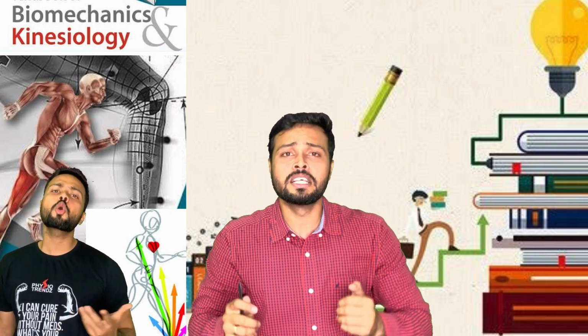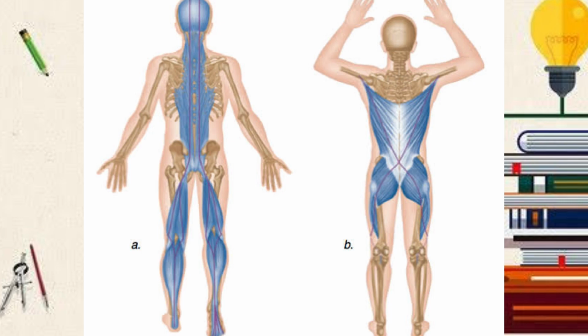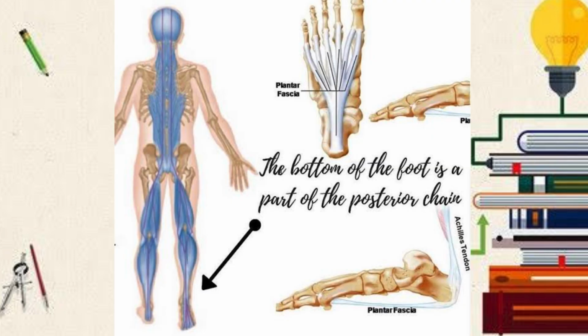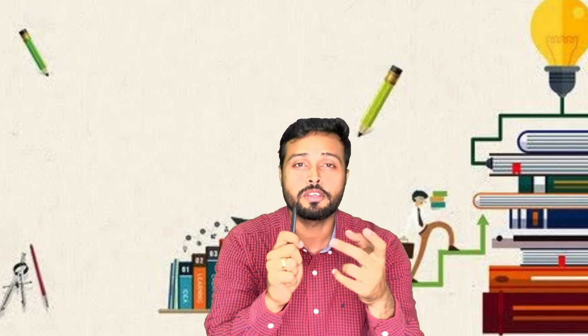Alright, let's get back to this. As I told you, the LOG falls a little bit more anterior to the base of support and the patient falls down. To control this, we have to work on the posterior chain of the patient. The posterior chain includes the back extensor muscles, gluteus maximus, hamstring muscles and calf muscles. First we need to work on ankle mobility. To improve dorsiflexion, we have to stretch the calf muscle as well as the hamstring muscle.